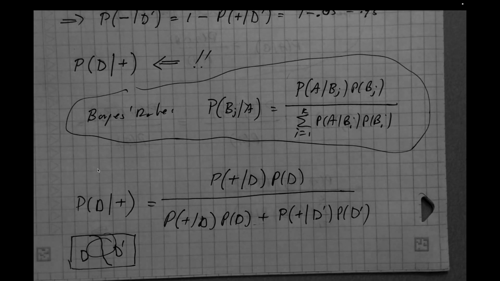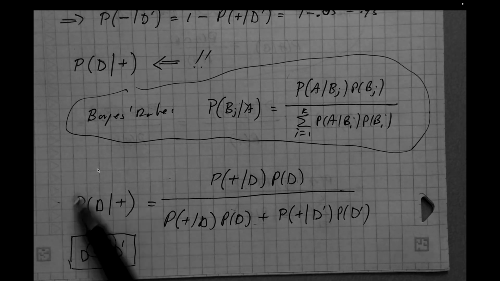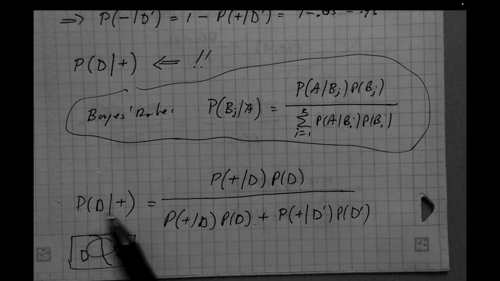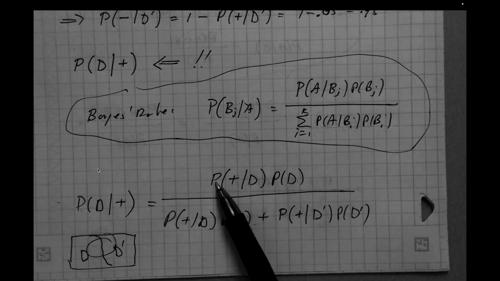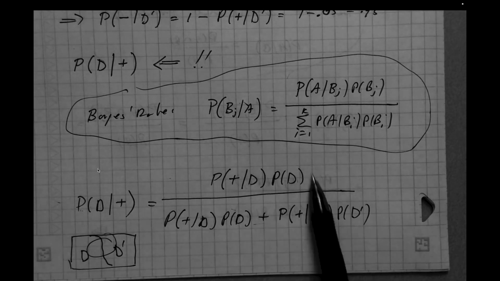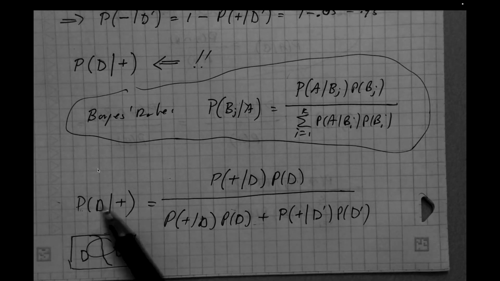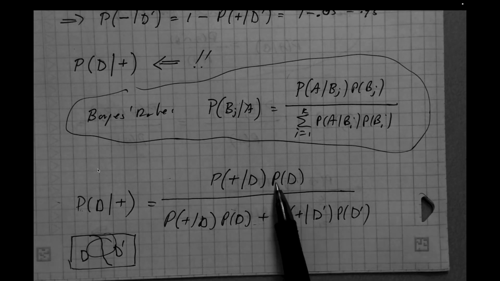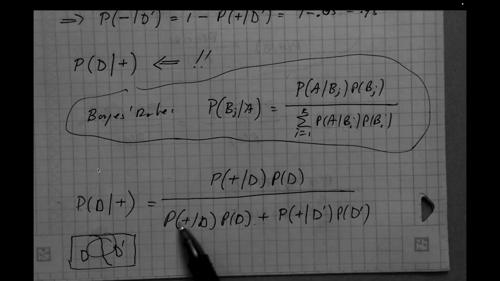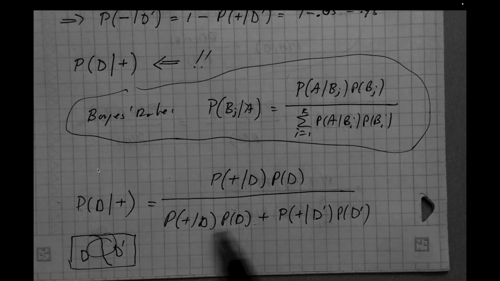Okay, and the positive is what overlaps here. So this is the setup using Bayes' rule, right? You start by identifying the conditional probability that you're looking for. In this case, it's D given positive result. Then to rewrite the numerator we've got to flip the conditions, right? So it's positive given D times the probability of D. And then that goes down here, and then you just think through what the rest of the partition must look like.